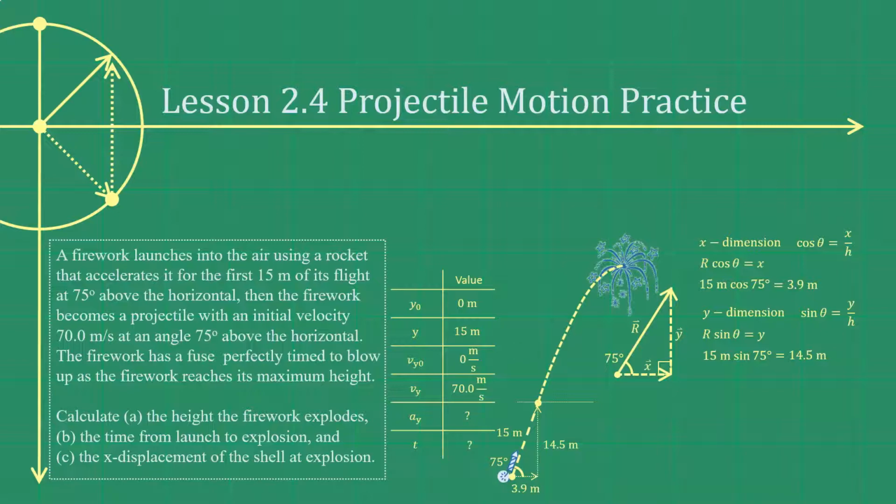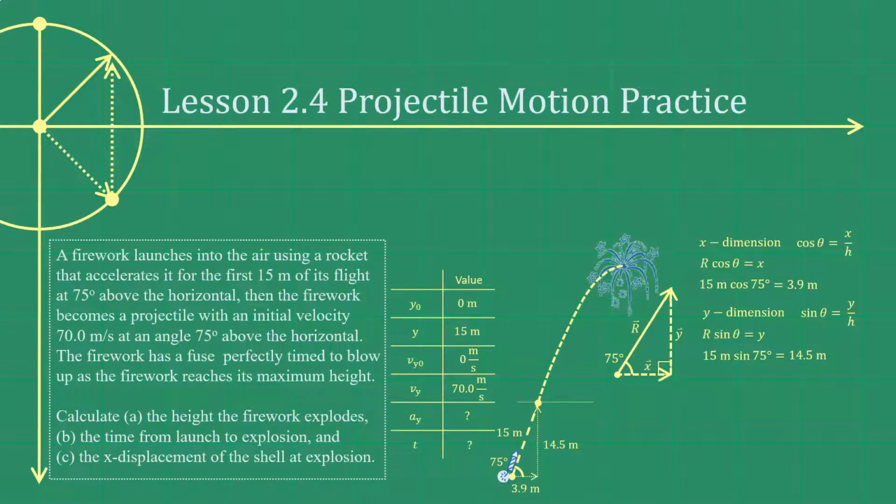So I'm going to have to calculate both of those values using one-dimensional kinematics equations. So if I know that I went from 0 meters to 15 meters, and in that distance, my rocket accelerated at a constant acceleration from 0 meters per second to 70 meters per second, what is my acceleration?